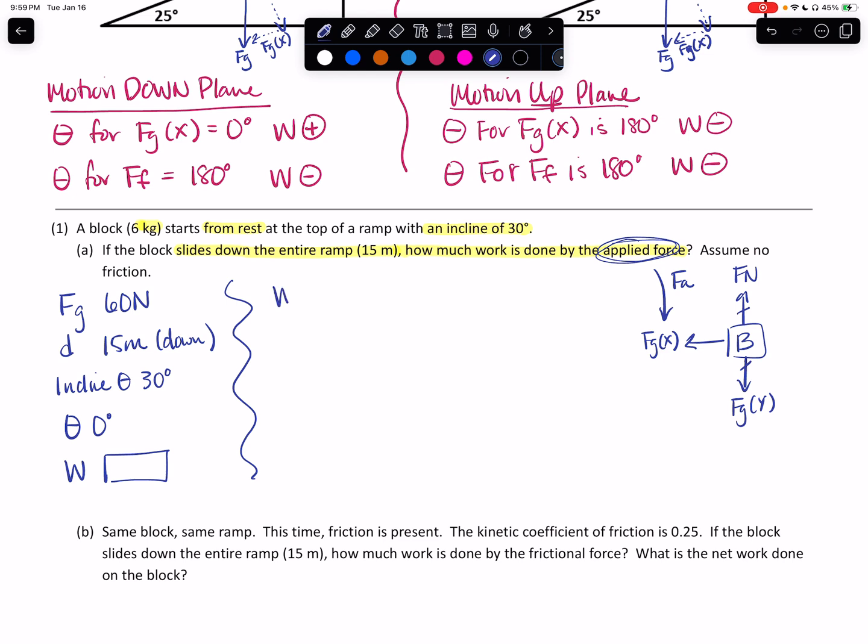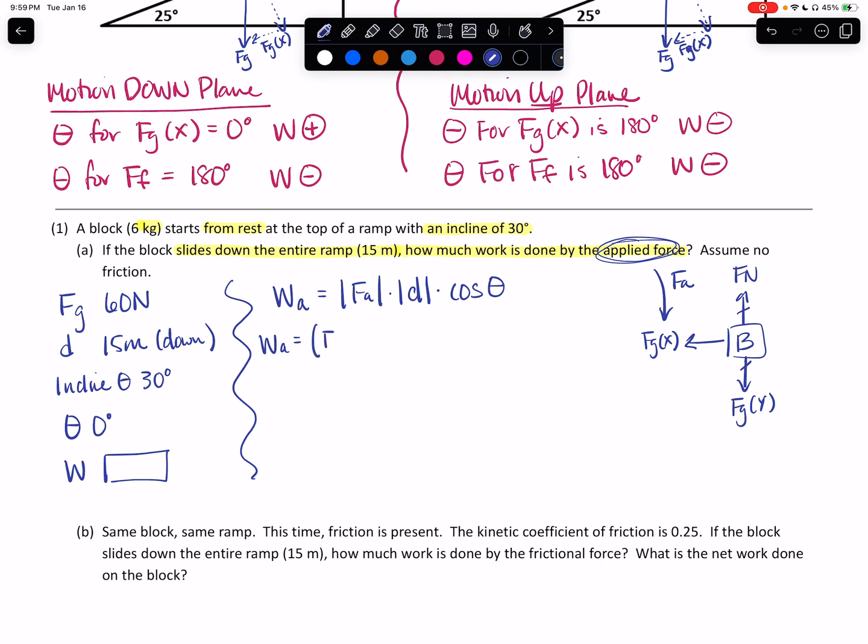Okay, so I know that the work done by my applied force is going to be equal to the absolute value of that applied force times the absolute value of the displacement times the cosine of my angle between the motion and the force. Okay, so I need to calculate FGX. All right, so I'm just going to do it right in here.